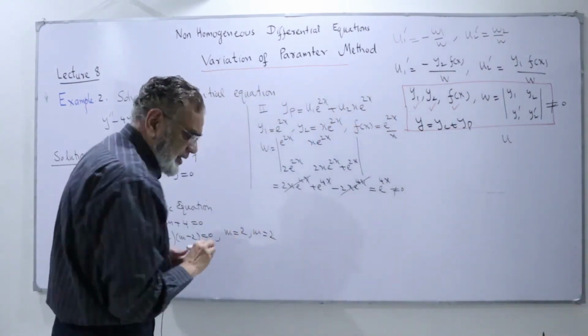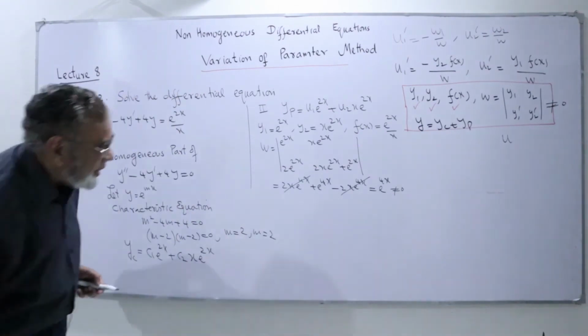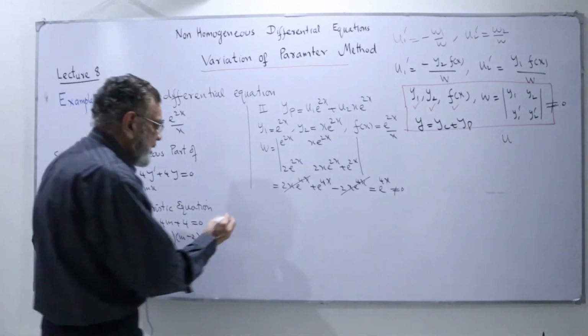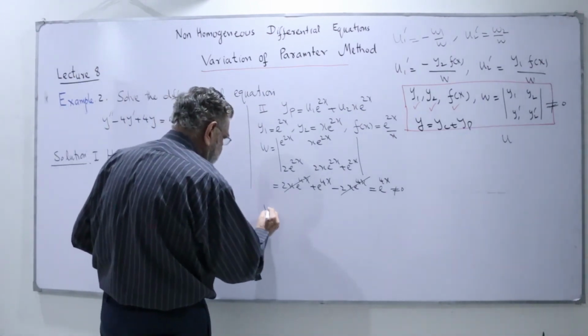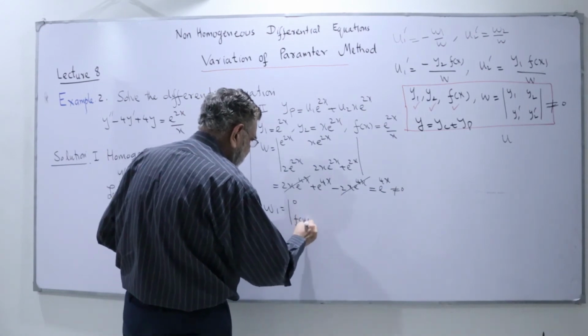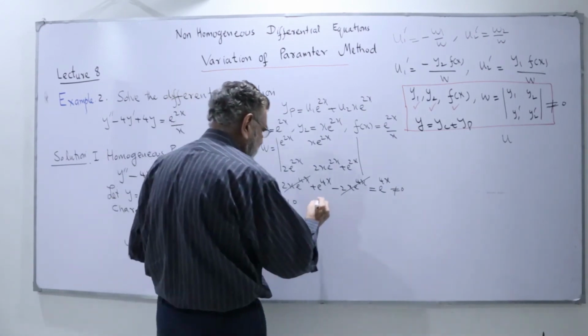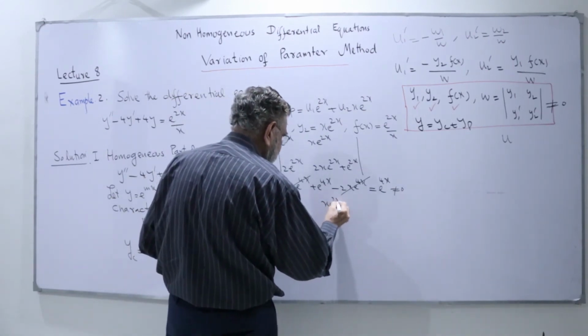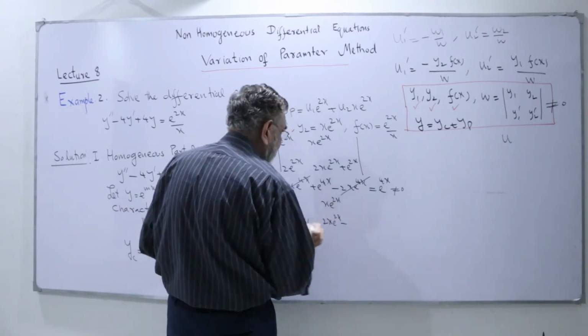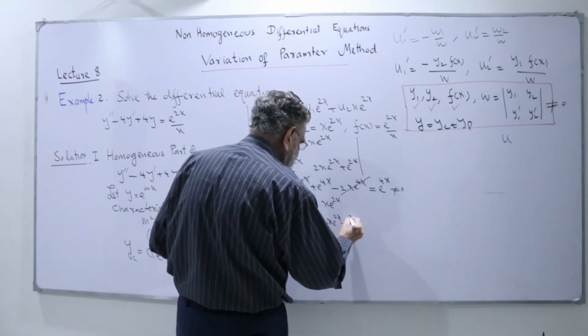We replace the first column, so w1 is the determinant with 0, f of x in the first column and y2, y2 dash in the second: x e to power 2x, and y2 dash is 2x e to power 2x plus e to power 2x.